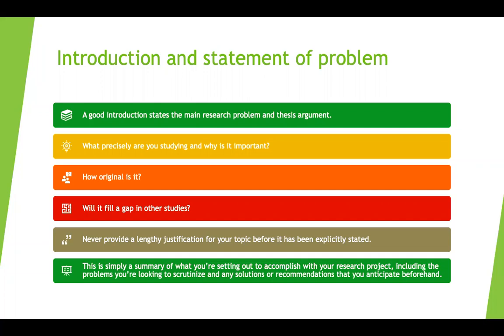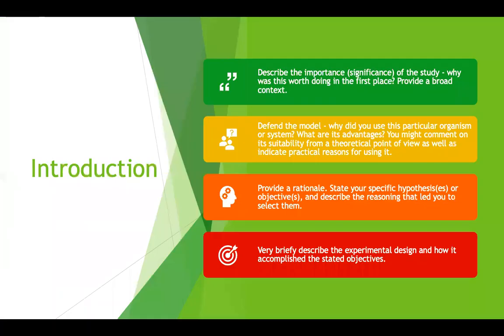This is just a summary of what you are trying to accomplish in your research project, how other people have looked into the same problem, and what is your approach. You just have to present it so that it looks like a very original idea.